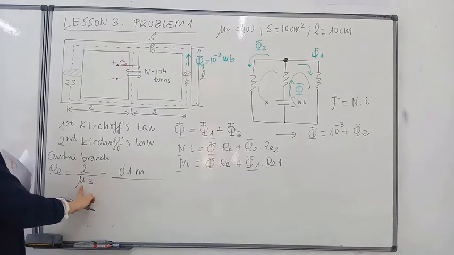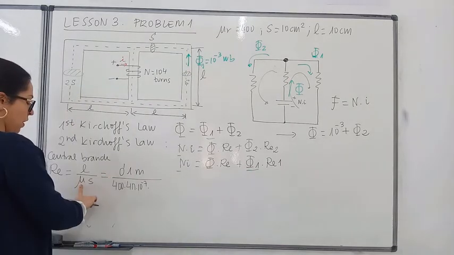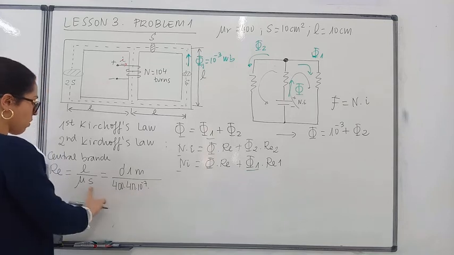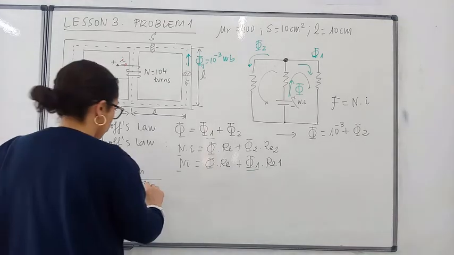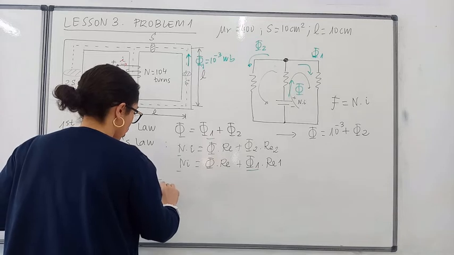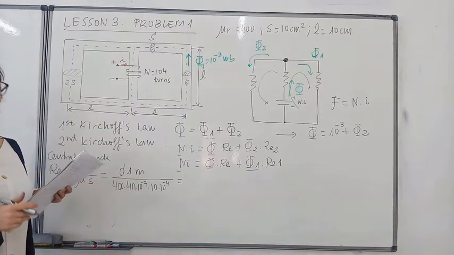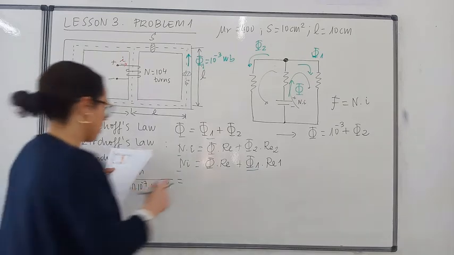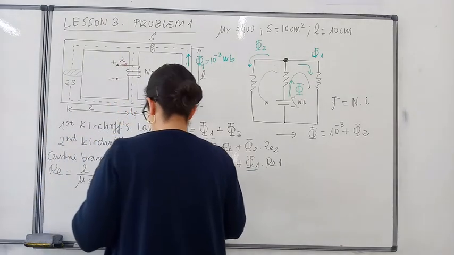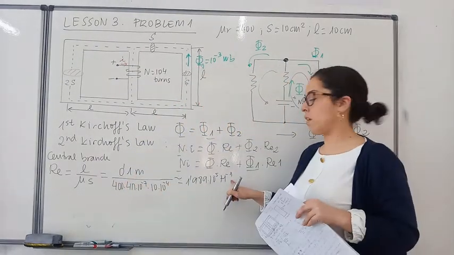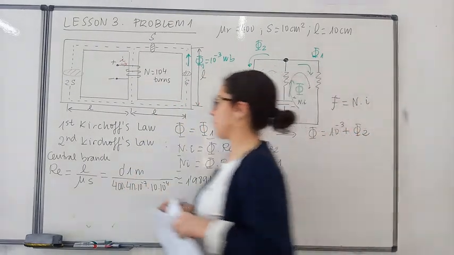And here in the denominator we have the relative permeability multiplied by the permeability of the vacuum, and the cross section you have to change to square meters. So if you do so, the reluctance that you obtain in the center branch is approximately this one, in hundreds up to minus 1.